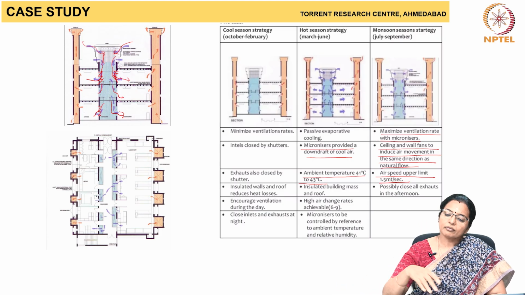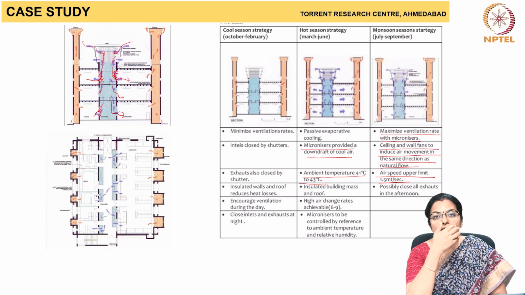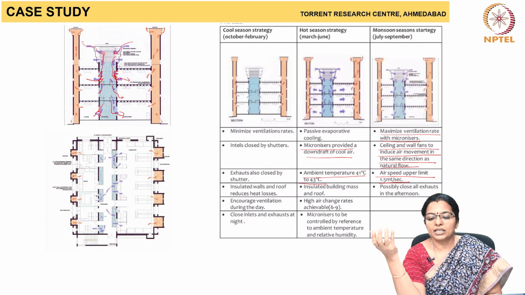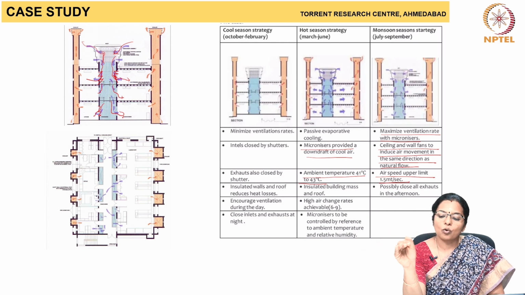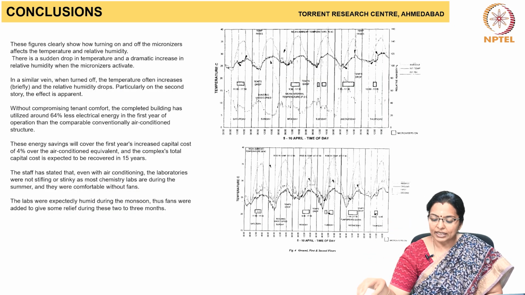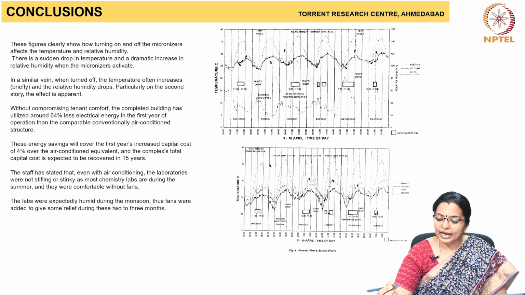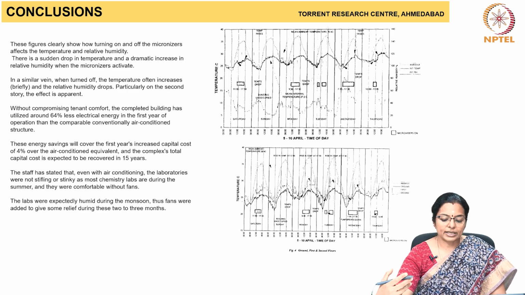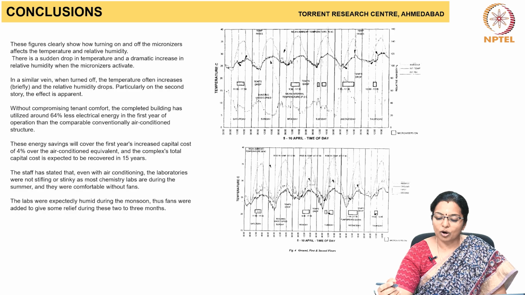So because the climate of Ahmedabad has all the 3 types of seasons, this is used effectively in hot season and to some extent in monsoon season. Whereas in cold season, the inlet is closed and blocked. So from this you can clearly see the difference between the ambient air and the air in the PDEC, just like how it is there in the IGP complex.